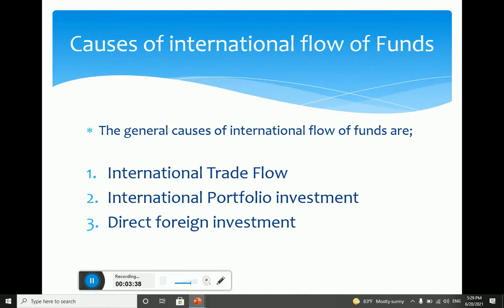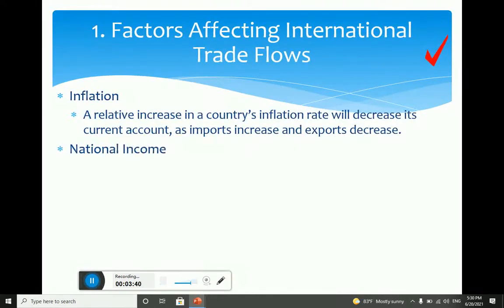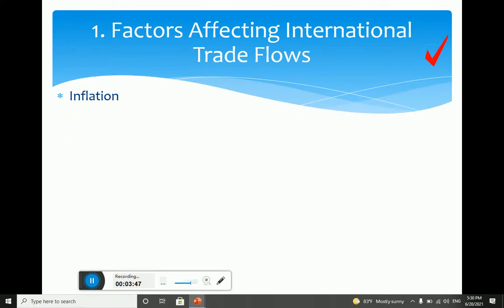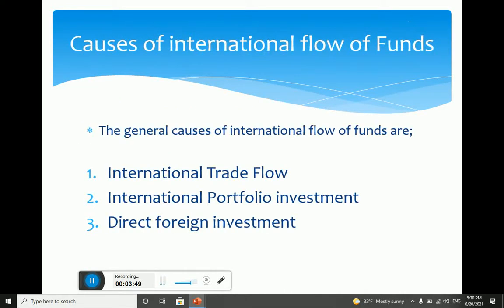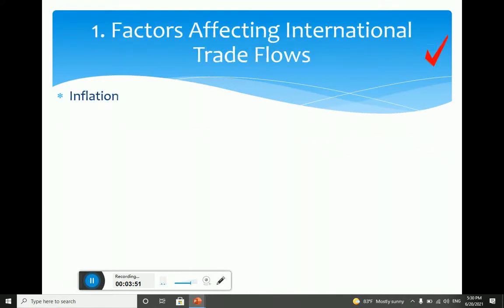So let's see what are the factors that affect international trade flow. Trade flow means flow of funds resulting from international trade. What are the factors which affect the flow of funds from international trade?